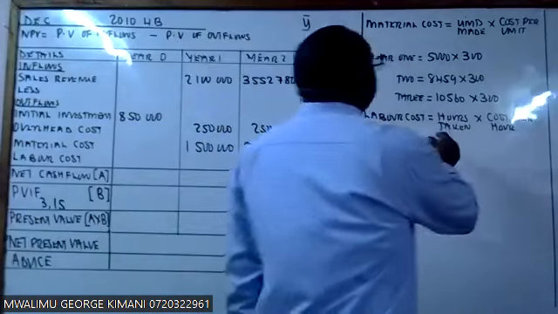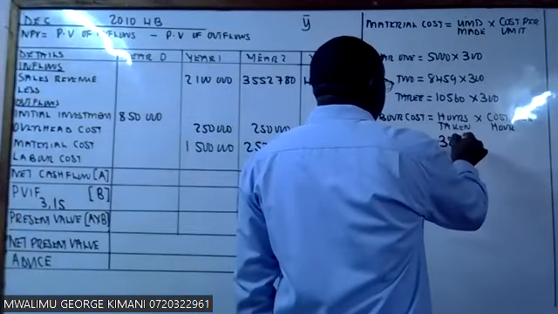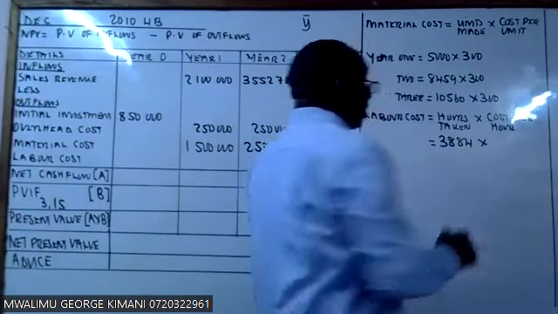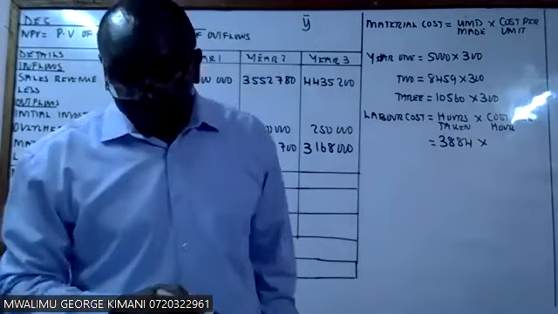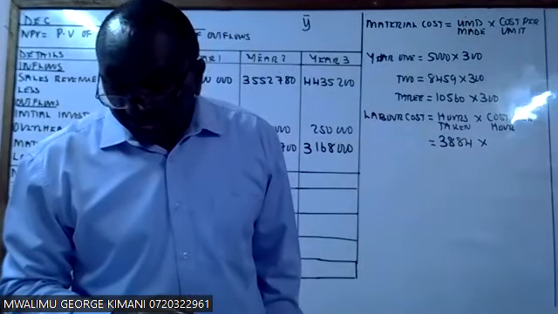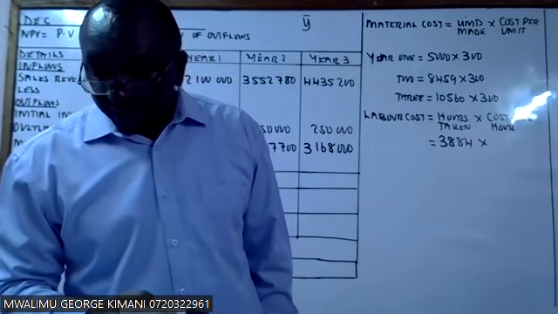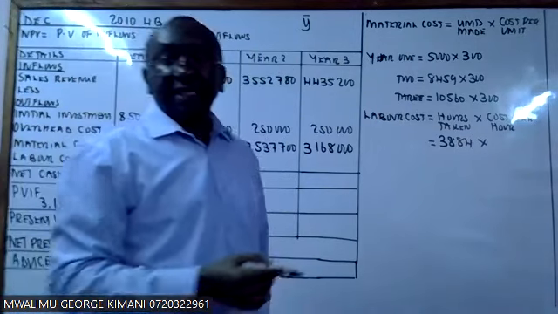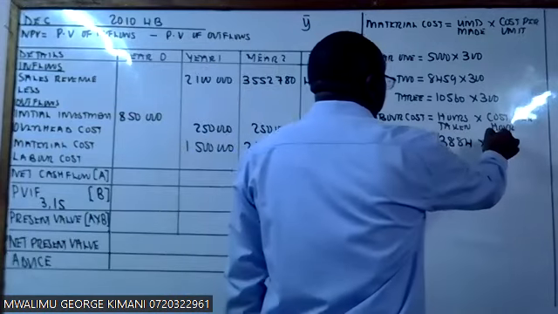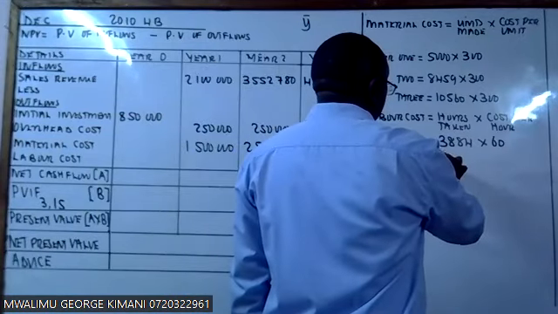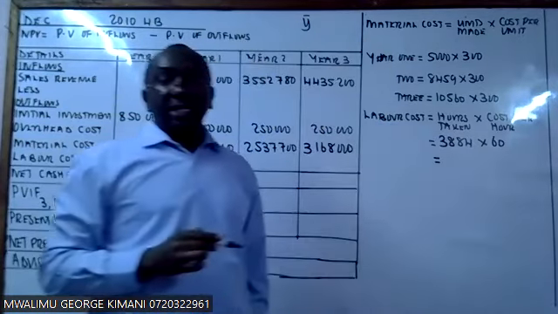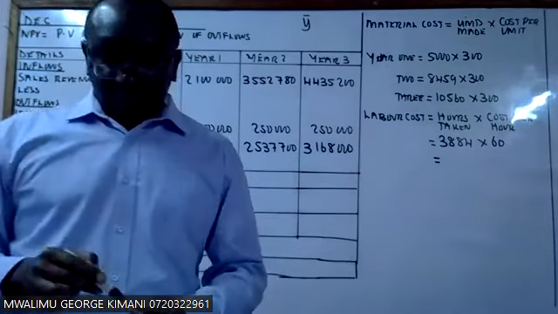So this will be 38.84, the time that we have been using for each year, and we are told that each hour is 60.